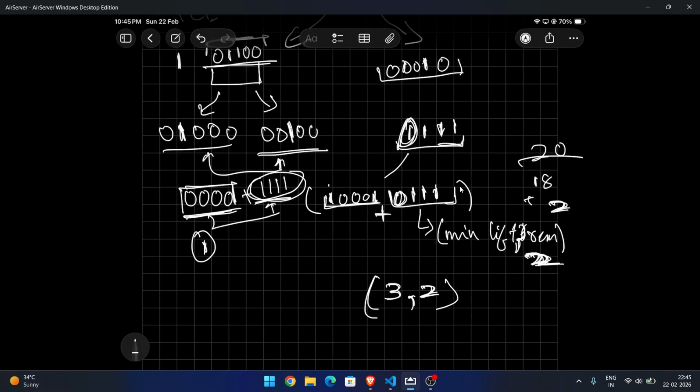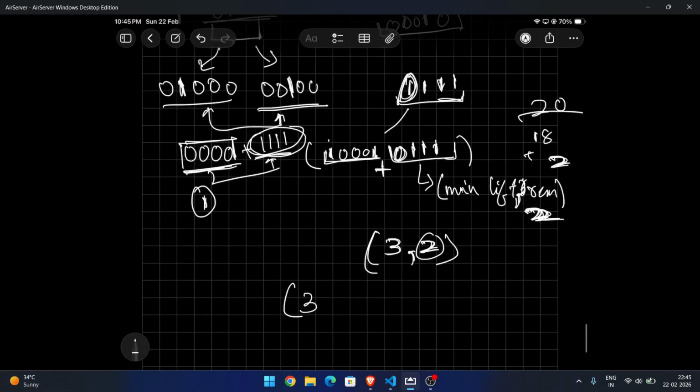So now if you want to add this person to this combination, if the weight is less than the weight of this person, then we can add it without any issue. The answer for that would be 3 lifts only, but the remaining weight would be the weight for this person. So that would be 3 comma 0.